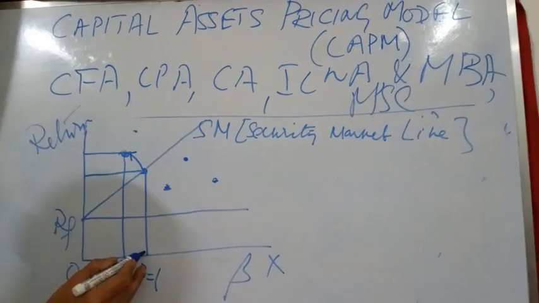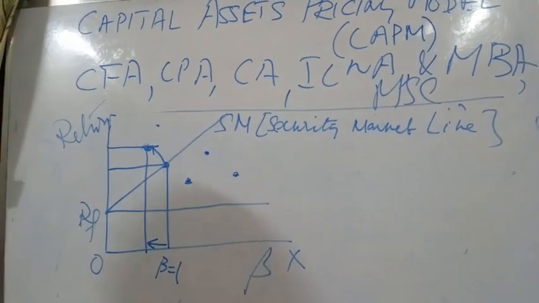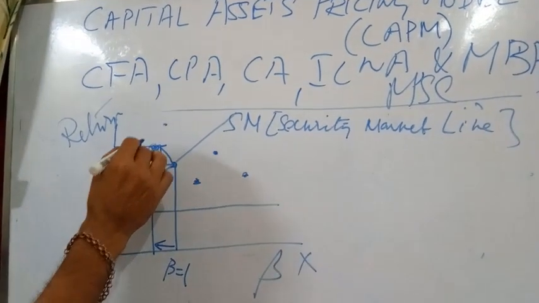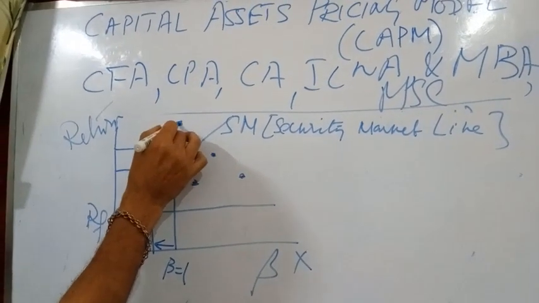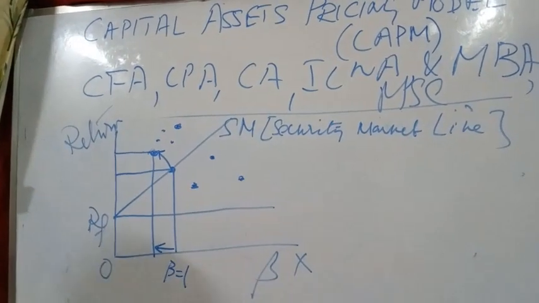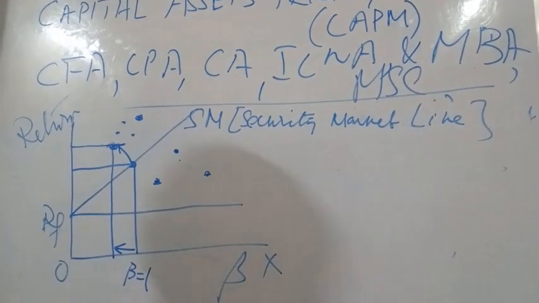His risk is falling. The same logic applies to other stocks lying above this line. Now what about these points?